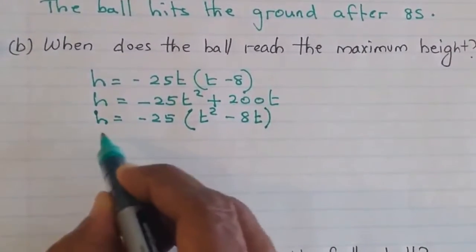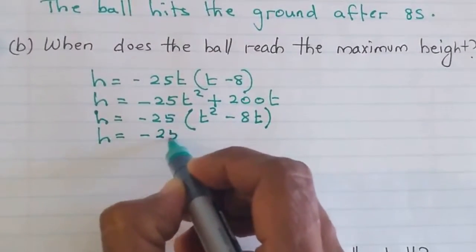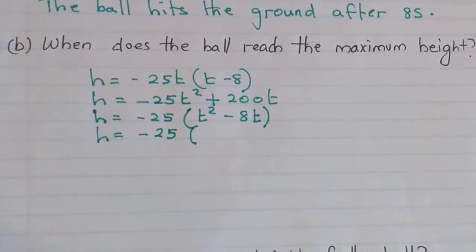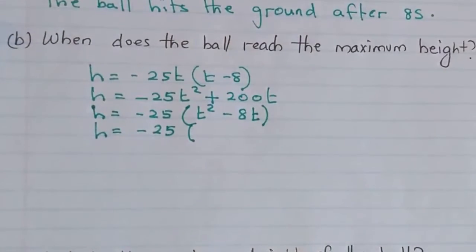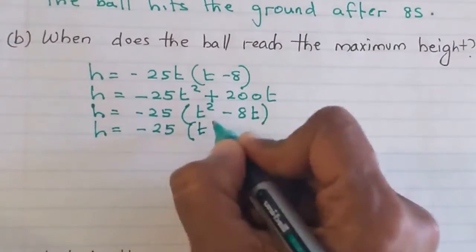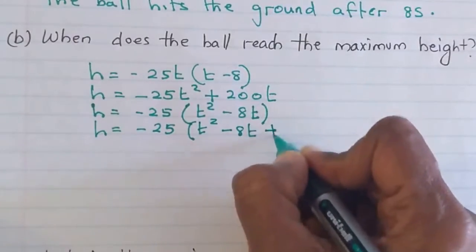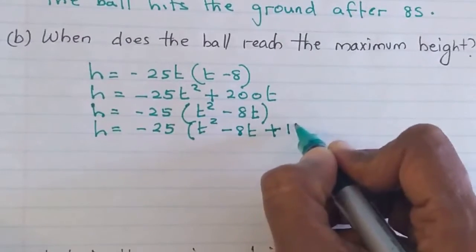Now, what's inside the bracket, I'm going to use these two terms to create a perfect square, with the two terms that I have, t squared minus 8t. If minus 8t has to be the middle term, the third term is going to be the square of half of the middle term. Half of 8 is 4, and 4 squared is 16.